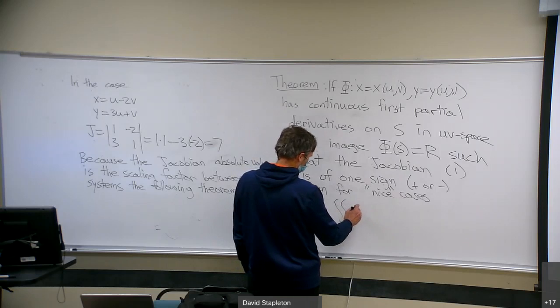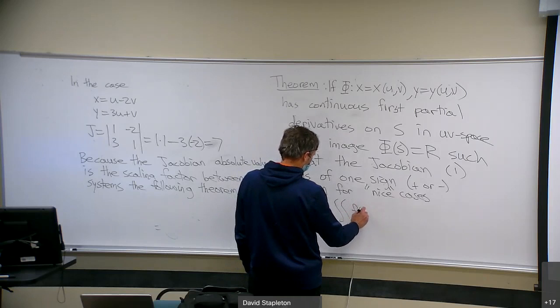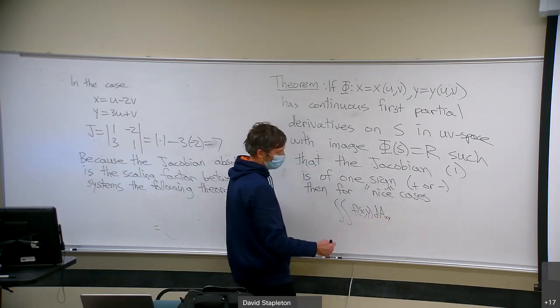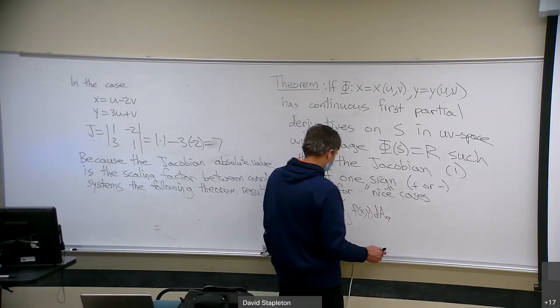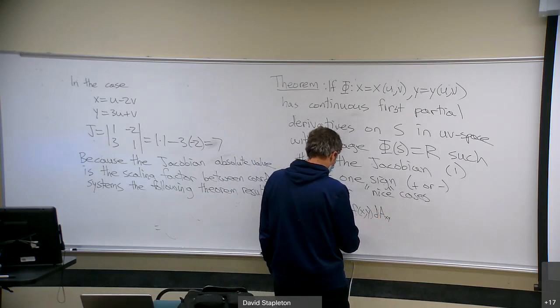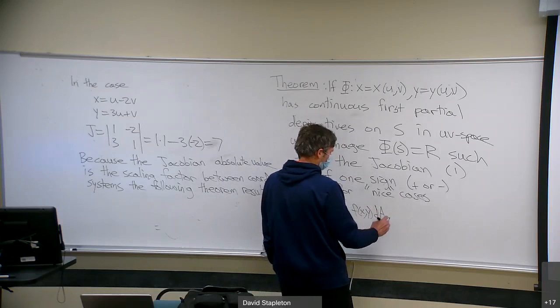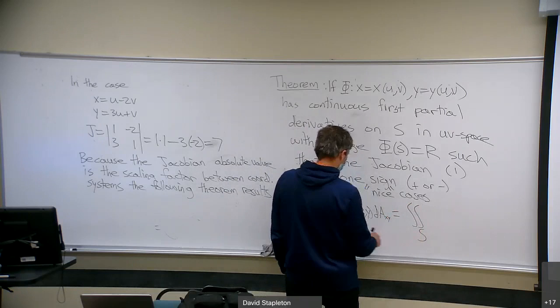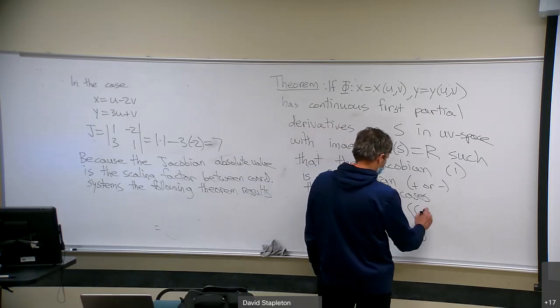The double integral of a function f of x, y, dA, and they're going to put a little subscript down here, dA x, y, meaning you're going to put dx dy here, over the region R in xy space is equal to the double integral over S, whose image R is, in UV space.